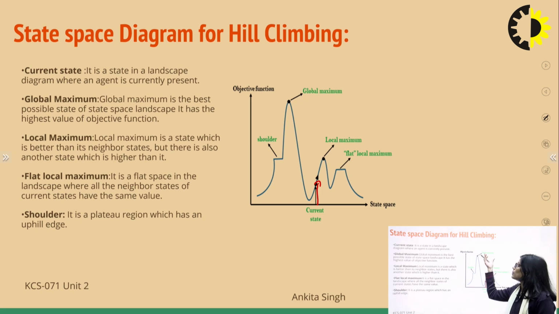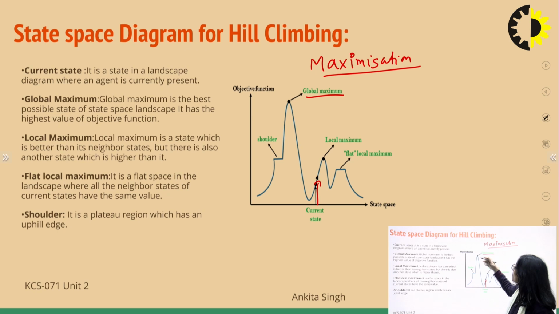What is the global maximum? This is the best solution of that problem, the best possible state of that state space landscape. It has the highest value of the objective function. Please mind it, this is a depiction of a maximization problem. So in a maximization problem, the solution with the maximum objective function value is represented by the global maximum.